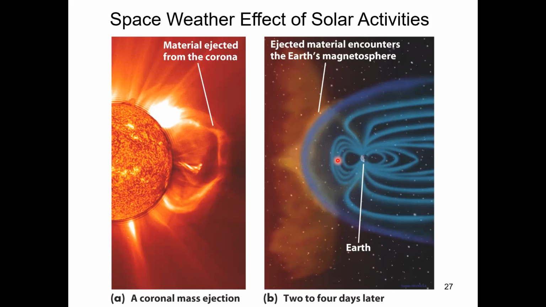Like we check the weather on our mobile app before we set off from the house, whether it's going to rain today, whether I need to bring an umbrella. Those who are flying, those who are in the telecommunication industry, satellites, they keep track of space weather, whether there's a coronal mass ejection, and what the weather is like in space. So that's a different job, a different profession altogether.